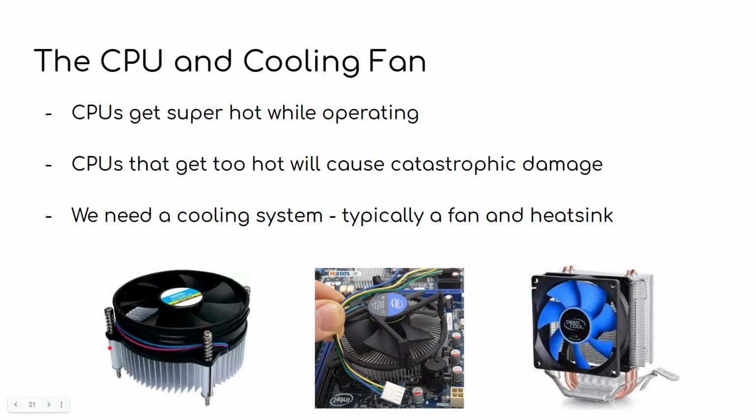So what's interesting is that these heatsinks, you don't really need to know this for the tests and exams, but the heatsink is designed out of a special kind of heat conductive metal, and it's been designed in such a way to create the most surface area possible for the most cooling to happen.